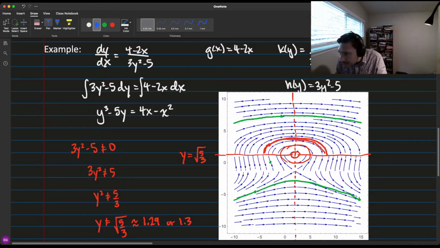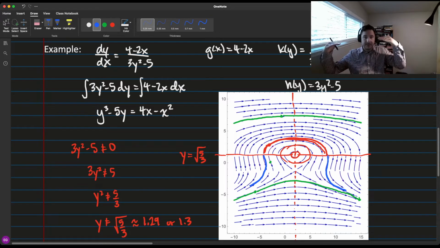You cannot continue to this part over here. Why? Because the derivative would be undefined there. So you actually get two different possible solutions. A part that gets cut in the part above, and a part that gets put into the part below. Okay? So you have to be aware of this.